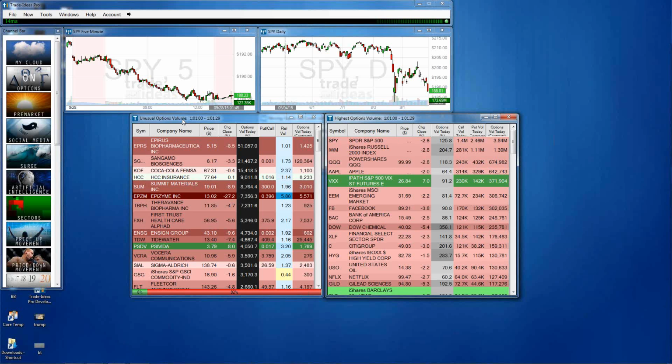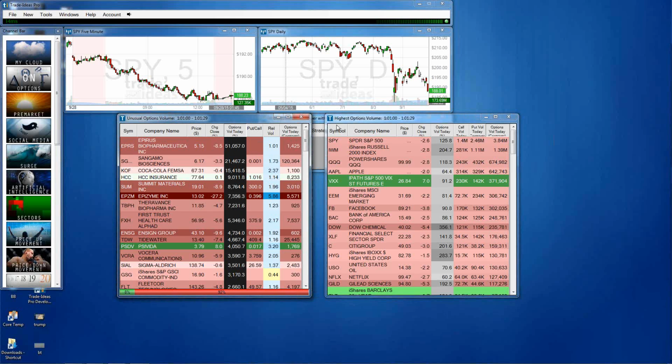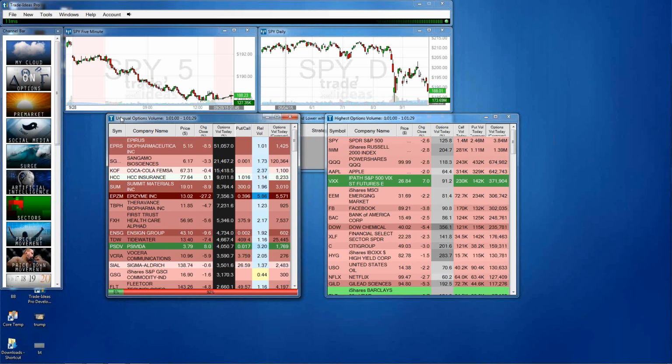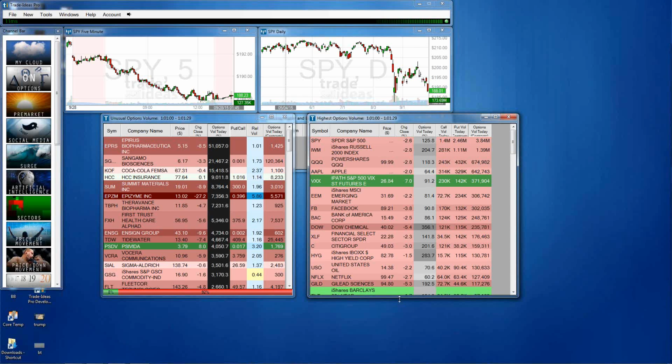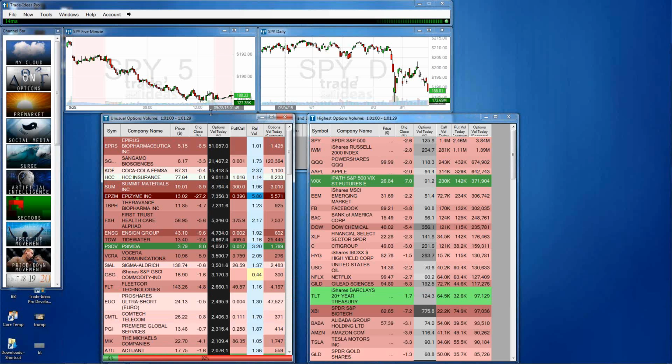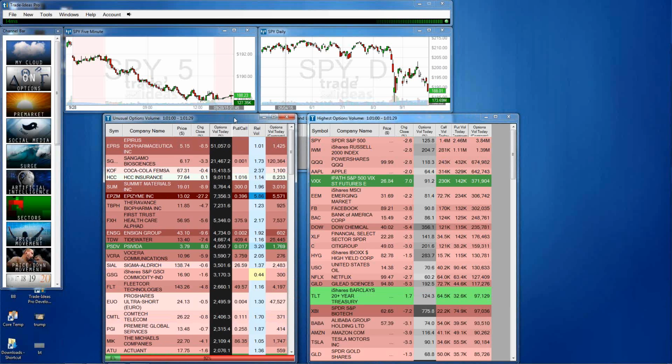Thank you. Okay, so what we have here today are 2 different windows. Highest options volume, but then we also have unusual options volume. So what is the difference between these 2 windows? Let me make these a little bit bigger here, and we'll expand the symbol list down a little bit. At first glance, these might seem very similar.